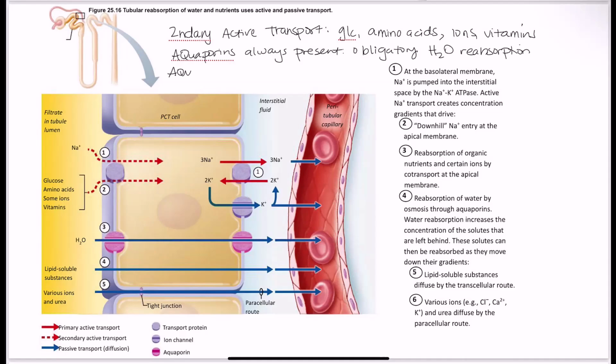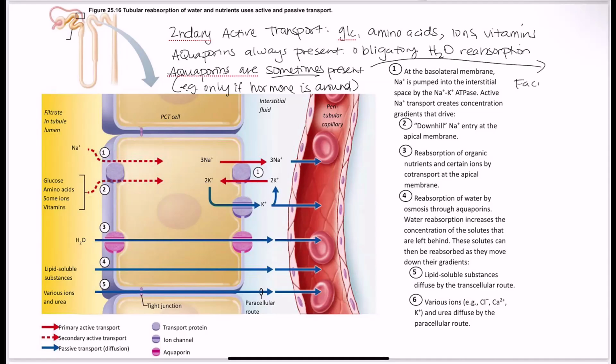If aquaporins are sometimes present, like only if a hormone is around, that's called facultative water reabsorption.